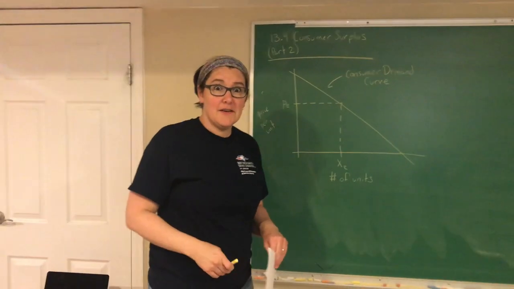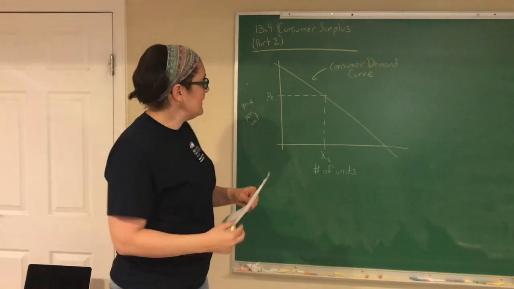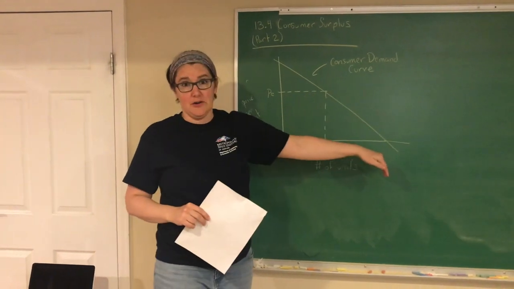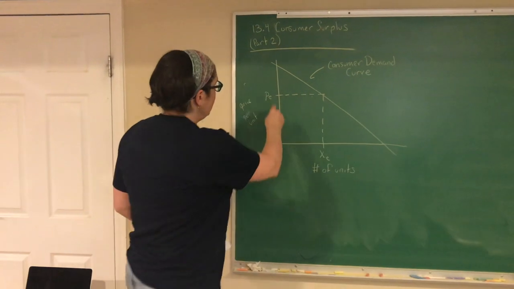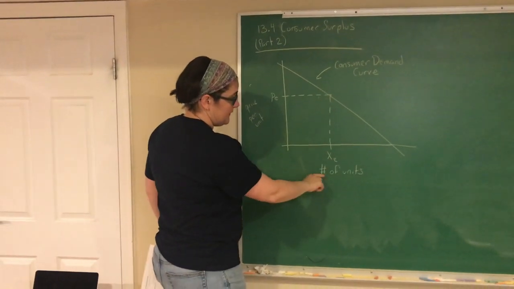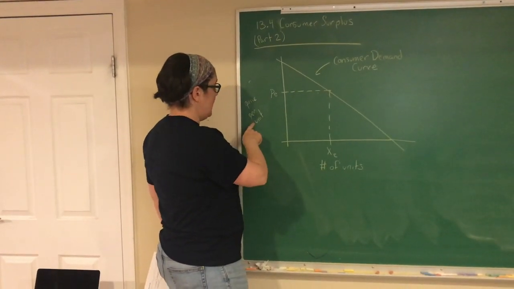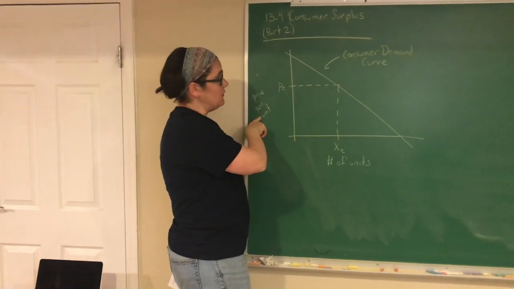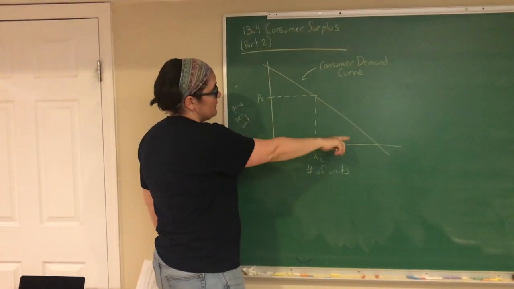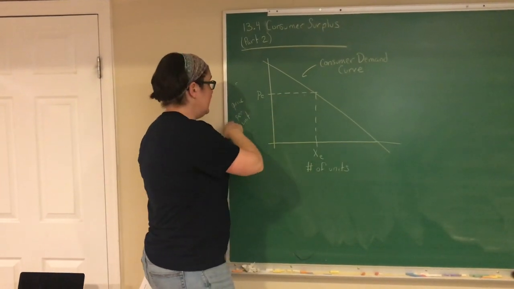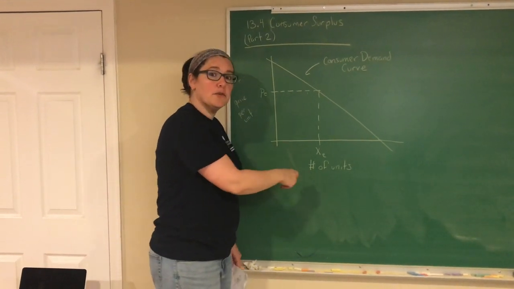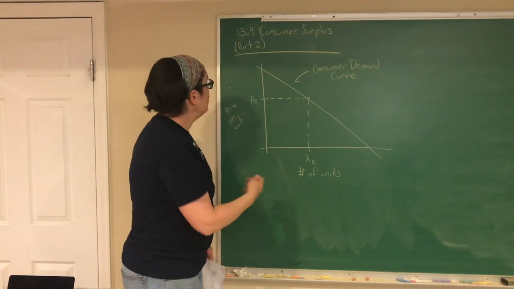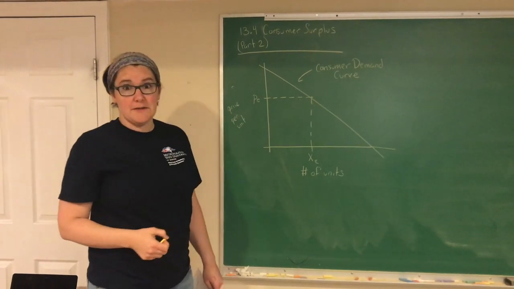Okay, so the idea of consumer surplus works anytime that you have a consumer demand curve. So as a summary of the donut example, whenever you have an x-axis that represents number of units and a y-axis which represents price per unit, and your consumer demand curve which relates the price per unit to the number of units that the consumer is willing to purchase, then we can talk about consumer surplus.